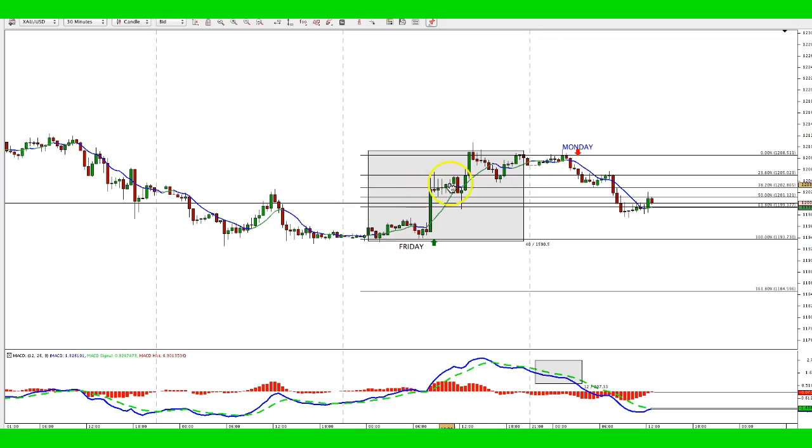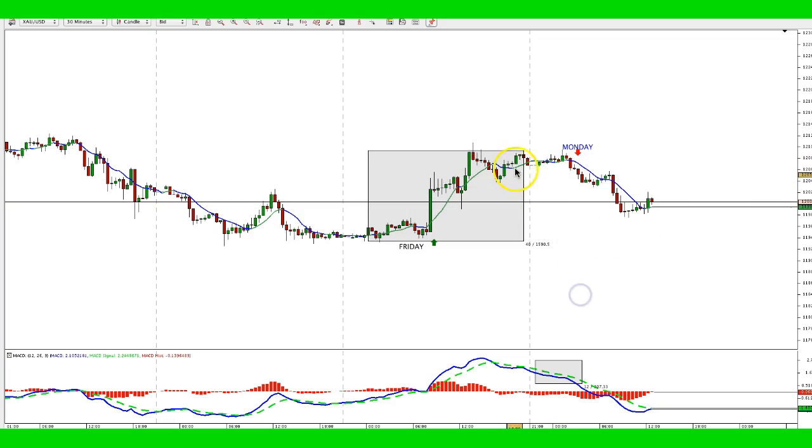Gold. Here's Friday's run up. I already highlighted this area. I like to highlight Friday because visually I'll know what to do on Monday. So this I did on Friday. I was highlighting Friday, and I'm thinking, okay, this is Friday, then I'm going to be anticipating a retracement on Monday.